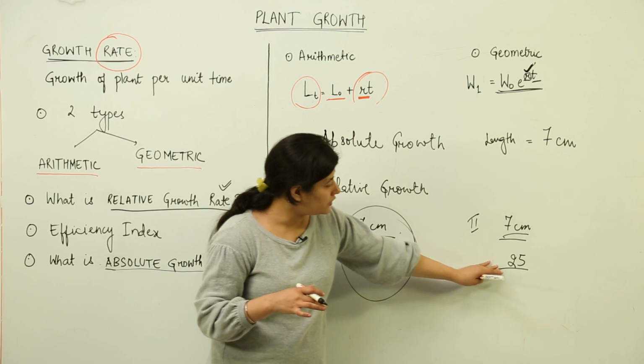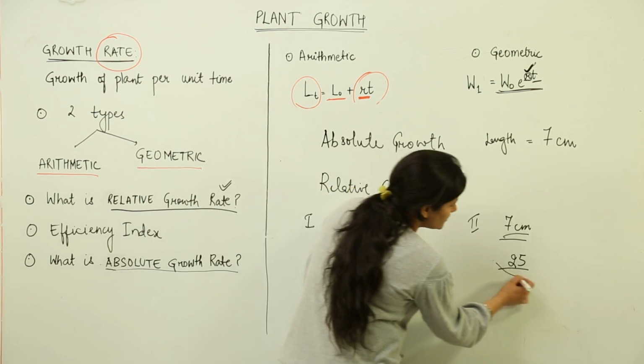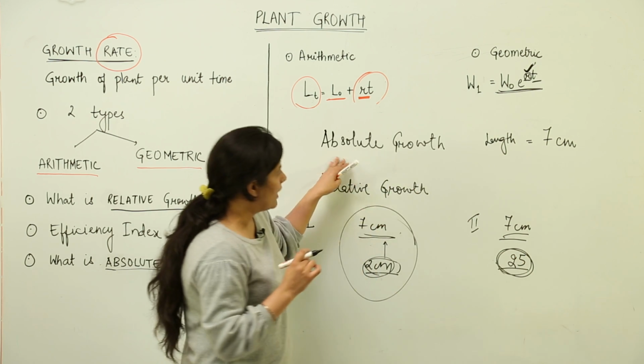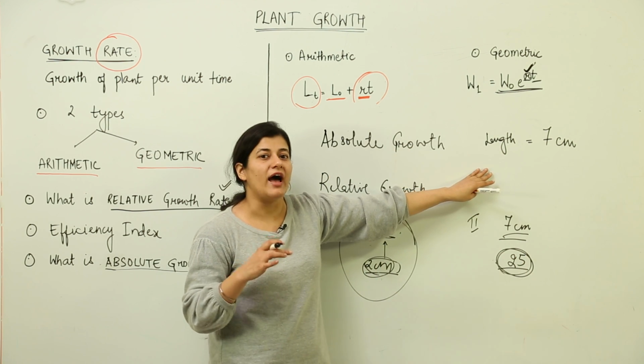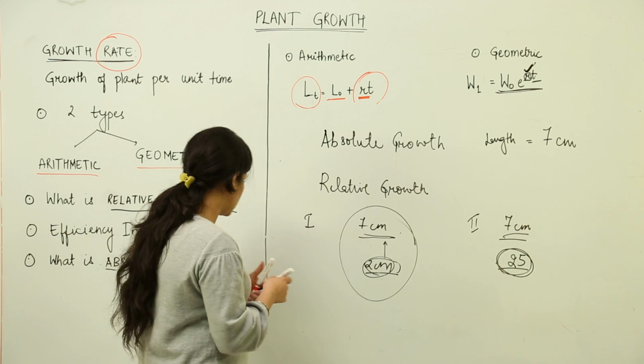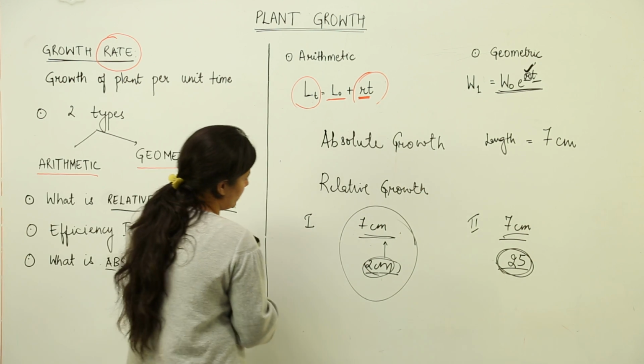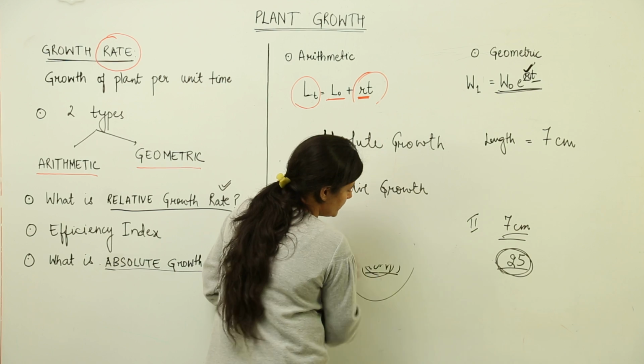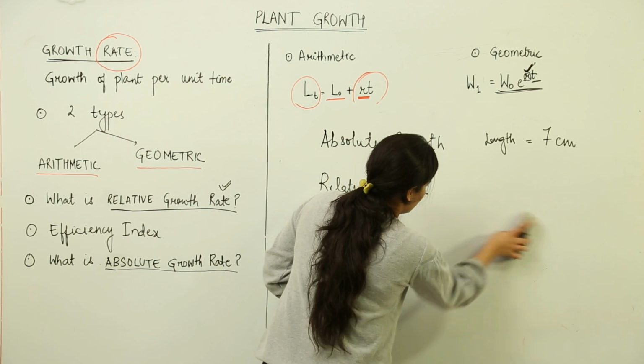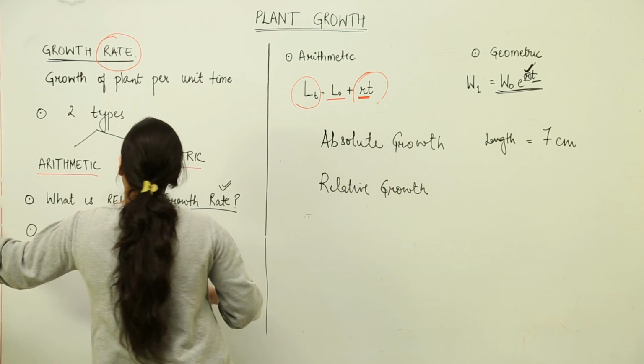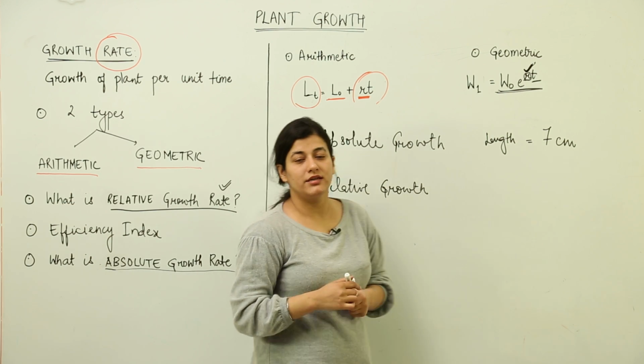So relative growth is going to take a previous parameter into account, but absolute growth does not tell if growth is actually occurring. Now I would explain it with another example where you can see if there is any difference in size.